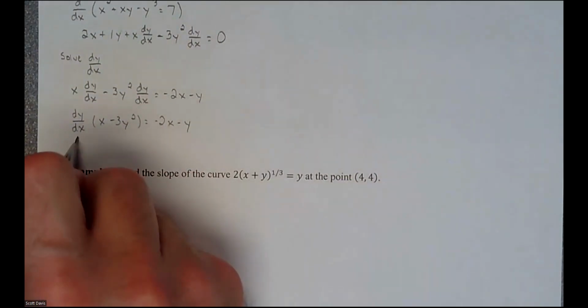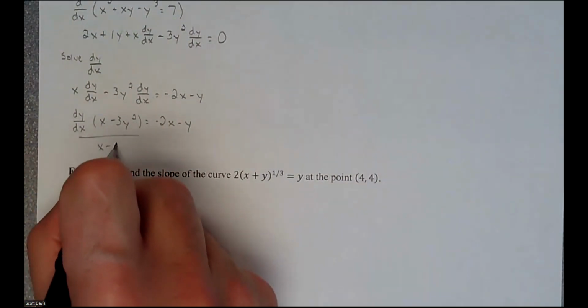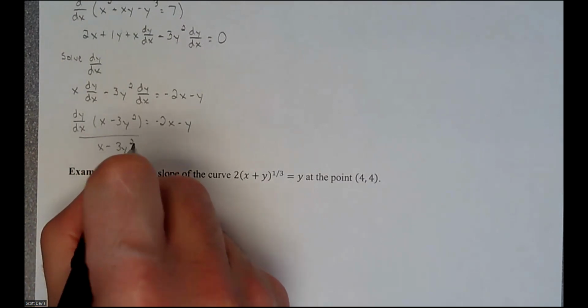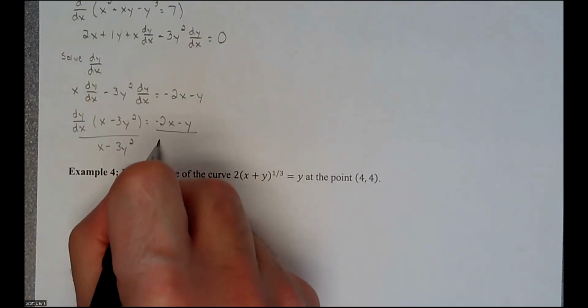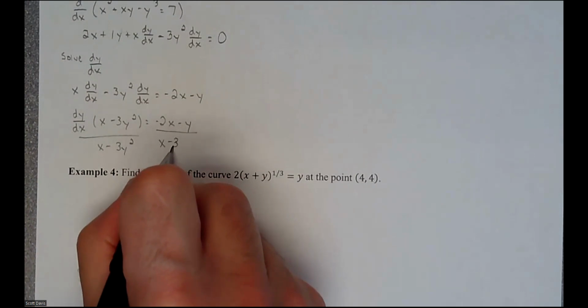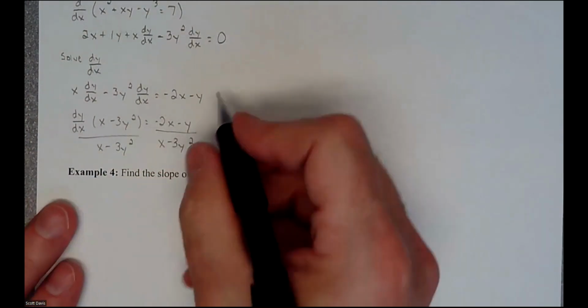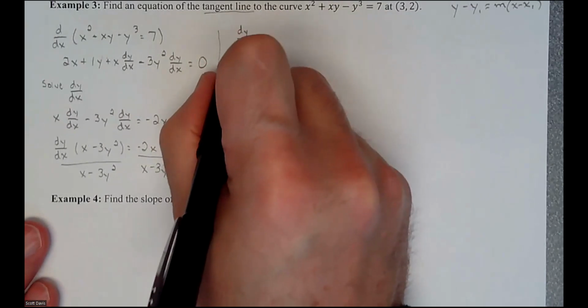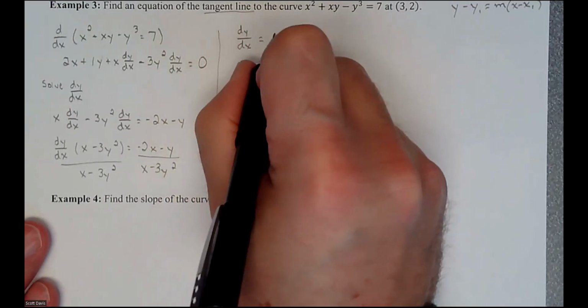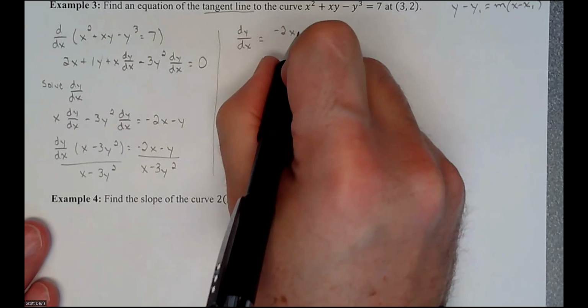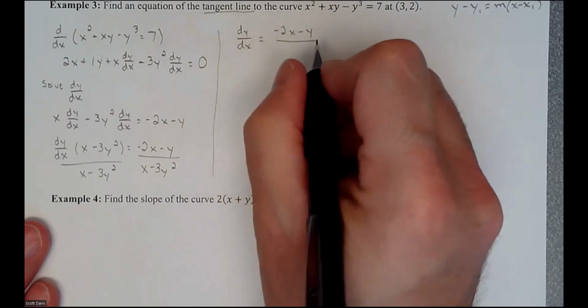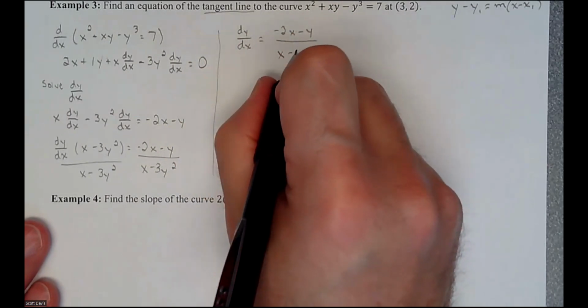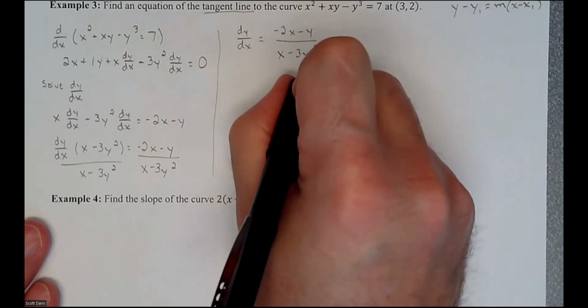Then I can divide both sides by x minus 3y squared to get our slope equation. So our slope equation, dy/dx, is negative (2x minus y) over (x minus 3y squared).